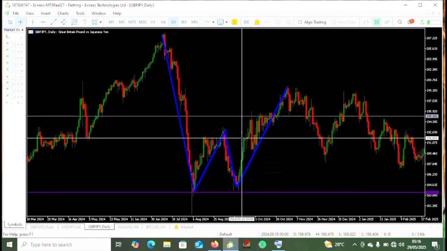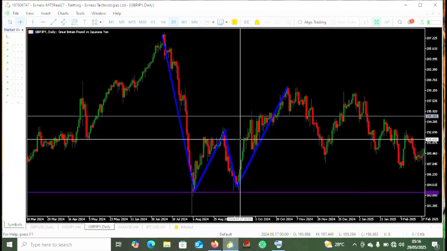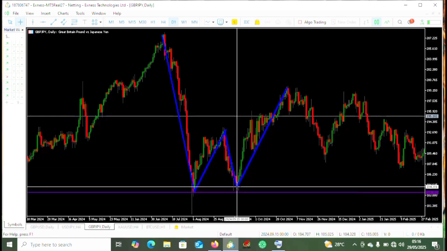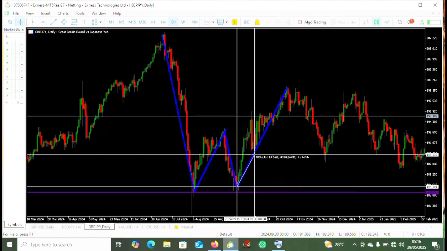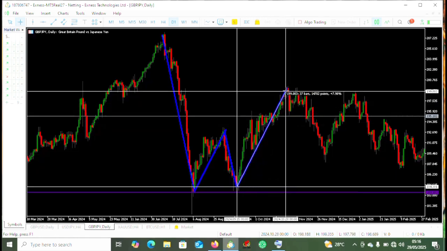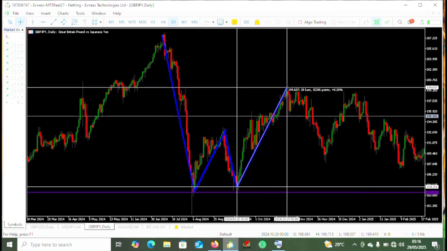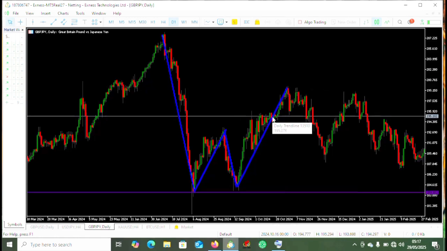Now if you see here, at this point where it meets the second touch, giving us a valid double bottom, where it had a resistance before it started coming down, this is about 1500 pips already. So chart patterns are powerful tools. Chart patterns are powerful formations in the market you shouldn't joke with.